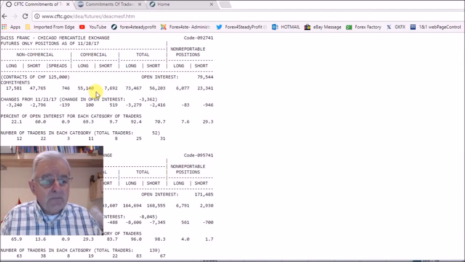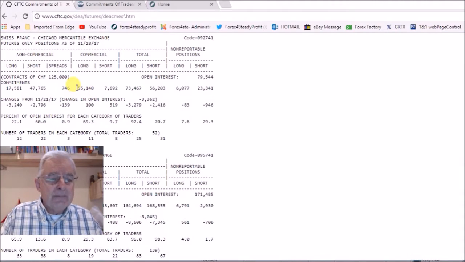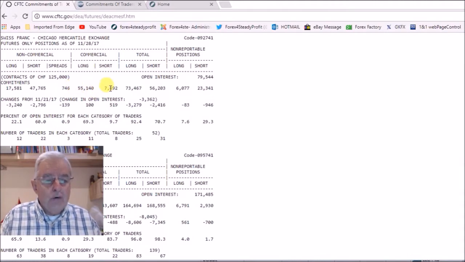So if you look at the long position and the short position, there is a ratio between longs to shorts. And in this case, the Swiss franc, on the commercials, they have a long ratio of just over 7-1.